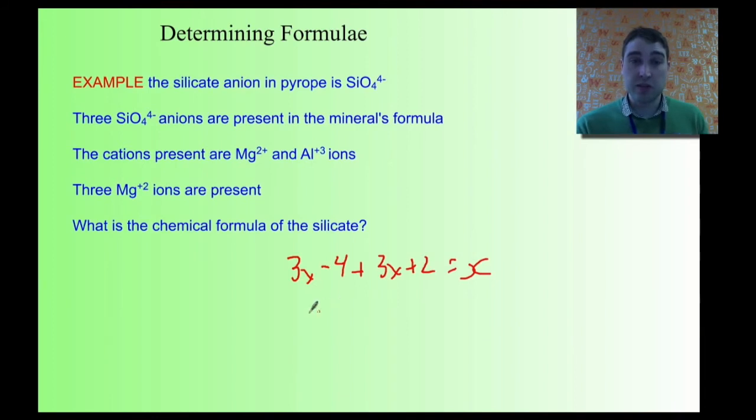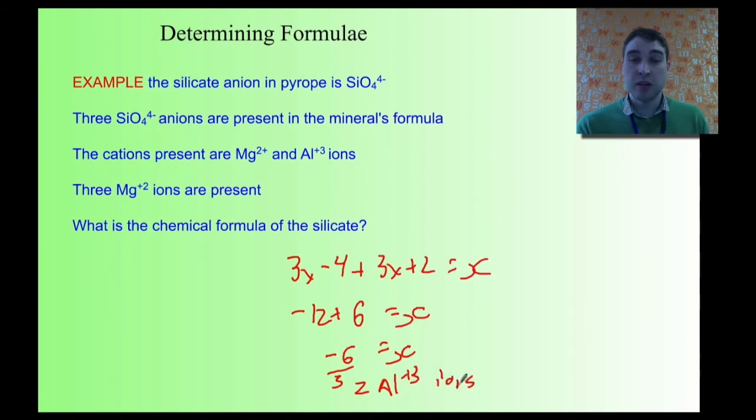So we've got 3 times -4, so -12, plus 3 times +2, so that's 6, equals X. So our charge is -12 plus 6, so -6. The charge that we need to find using the aluminium ions is +6 to balance that out. If there's a charge of +3 for each one, we divide that by 3, which means that we're going to have 2 aluminium ions.